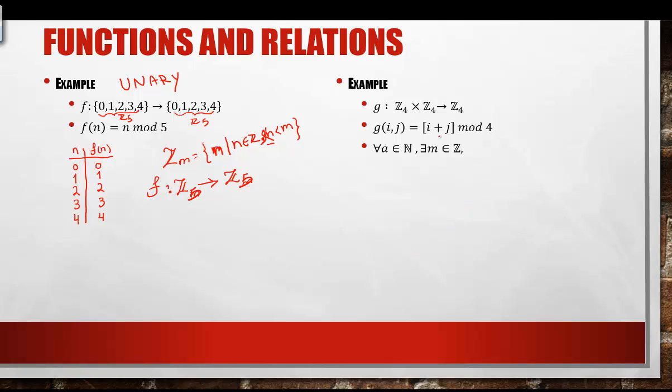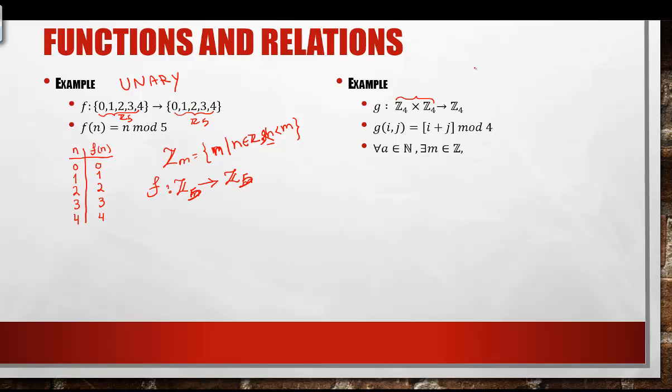On the right, I'm showing you an example of a two-dimensional function. So a two-dimensional function basically takes the input as a cross product of two values, an ordered pair, onto z sub 4, and my definition is g of i comma j is equal to i plus j mod 4.